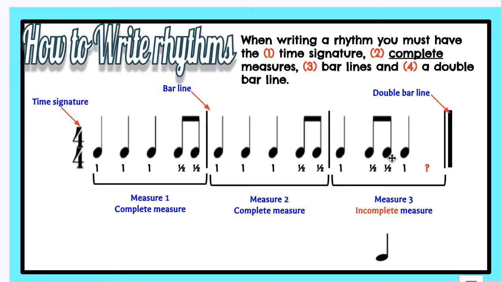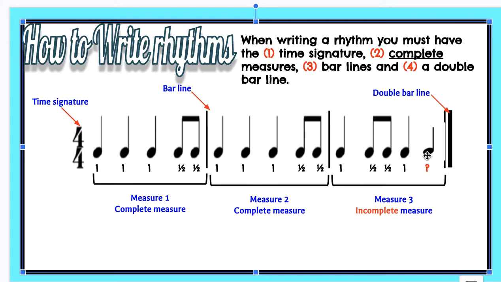This rhythm is a bit longer. It has 3 measures, but for your assignment, you're only going to do 2 measures. But let's take a look at this example. So this 3rd measure, let's see if it has 4 beats in it. 1 beat plus half plus 1 is only equal to 3. So this measure is incomplete, and we can complete it by adding a quarter note, right? So there we go.